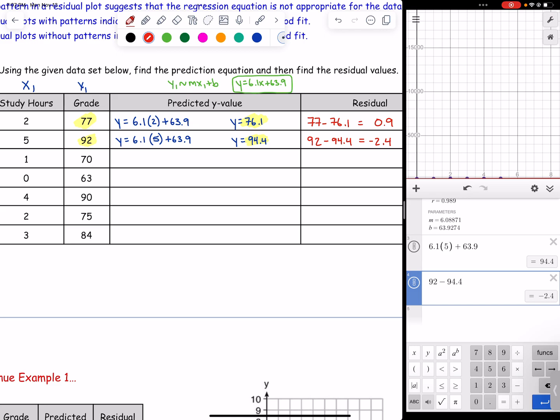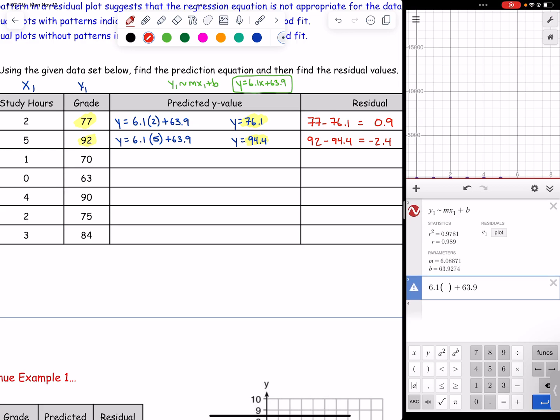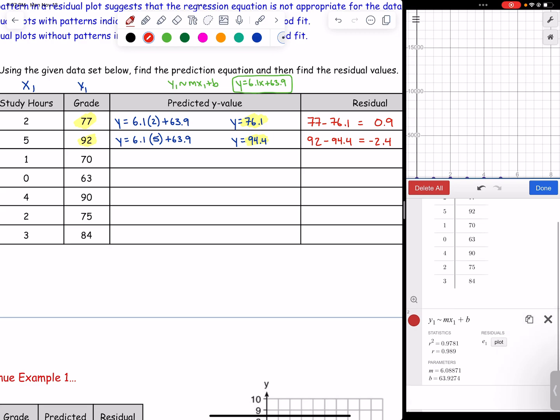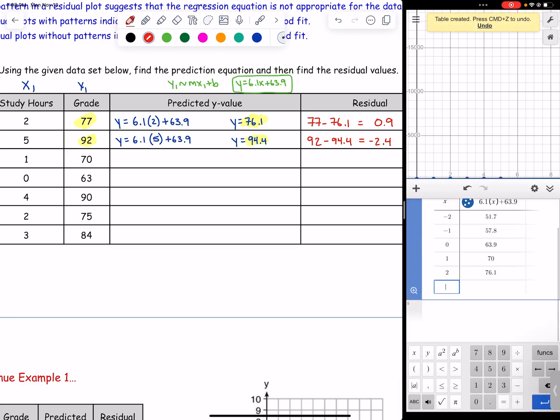So we need to plug in some more values. Instead of typing all of these in, we can use Desmos to help us. We have our prediction equation. I'm going to pull up a table that'll help me find these much faster. So I'm going to type in, let's see, 1 goes with 70.